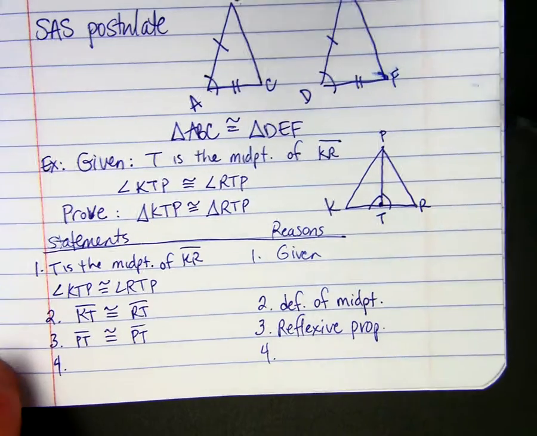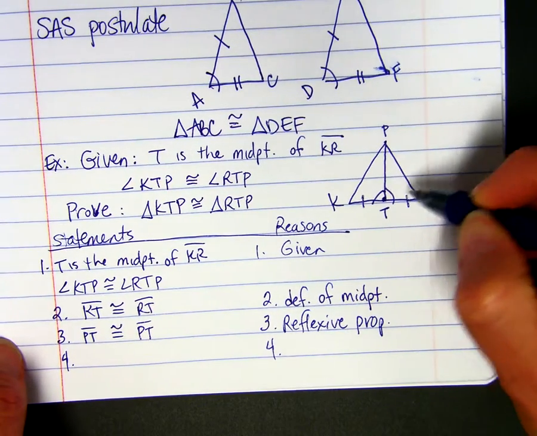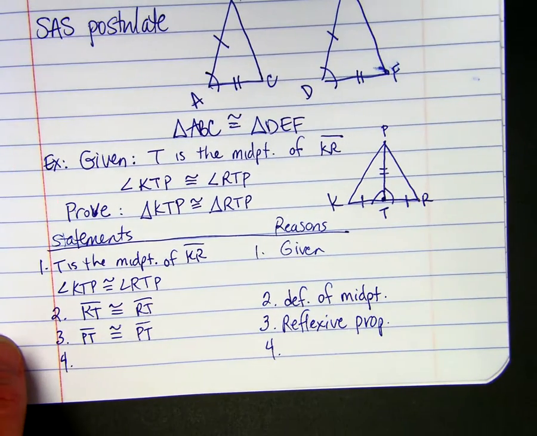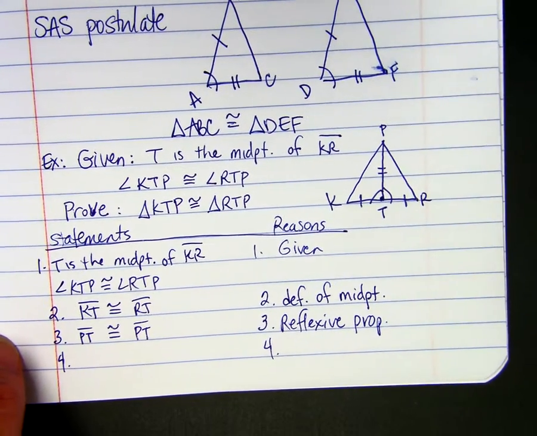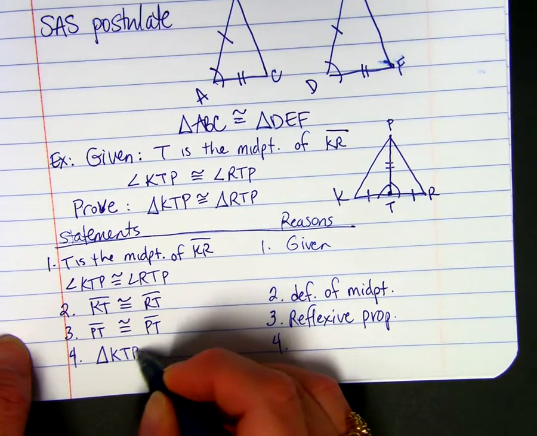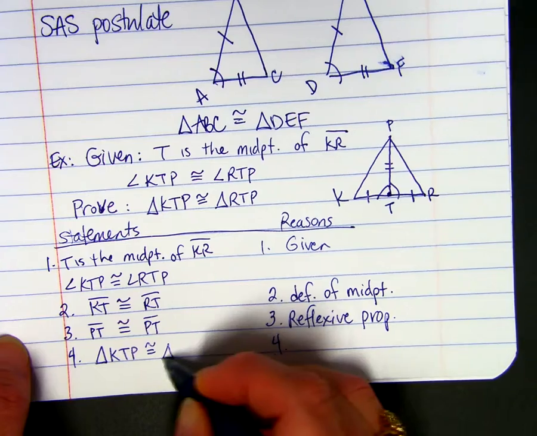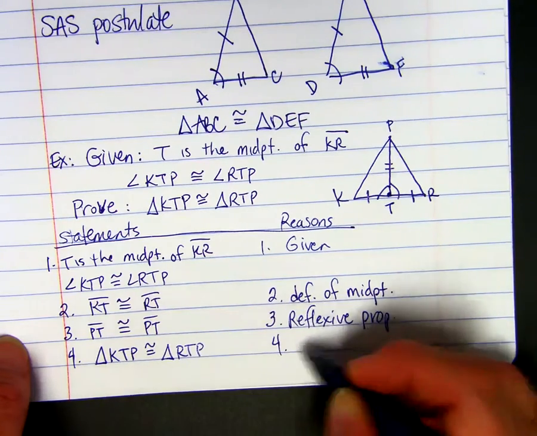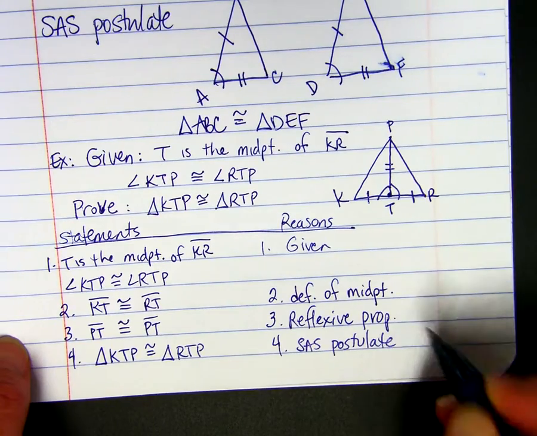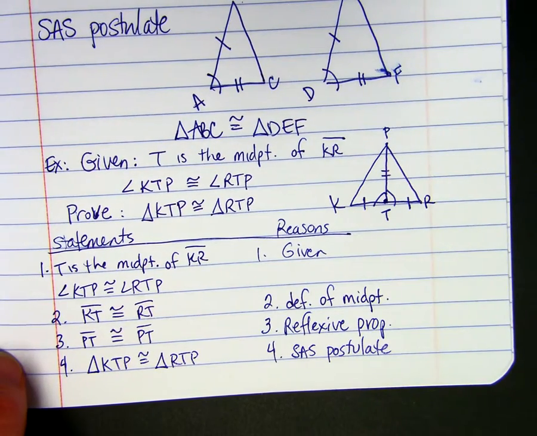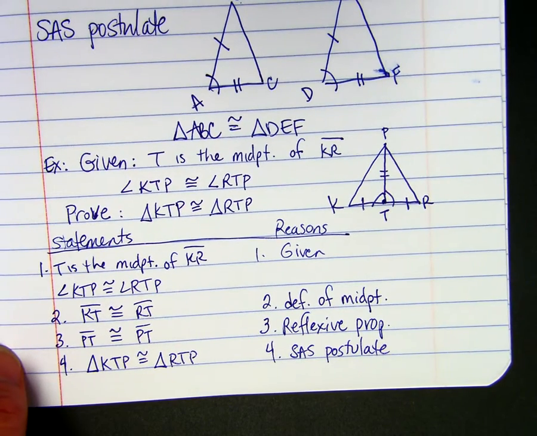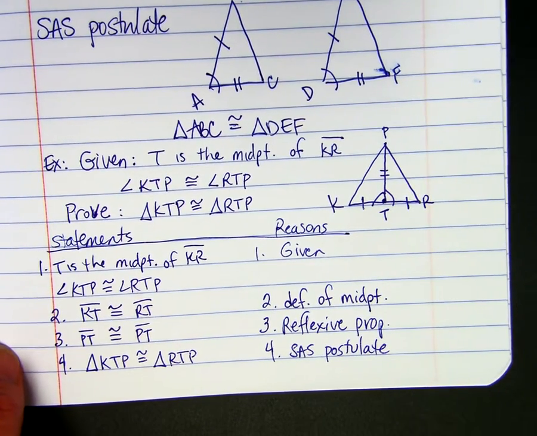So now we have a side, an included angle, and another side of two triangles. So by the SAS congruence postulate, the two triangles are congruent. So that's the end of the lesson.